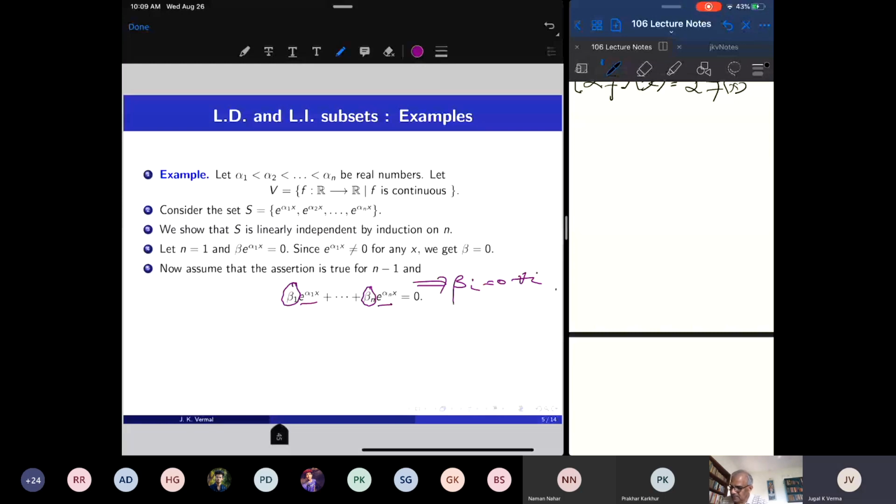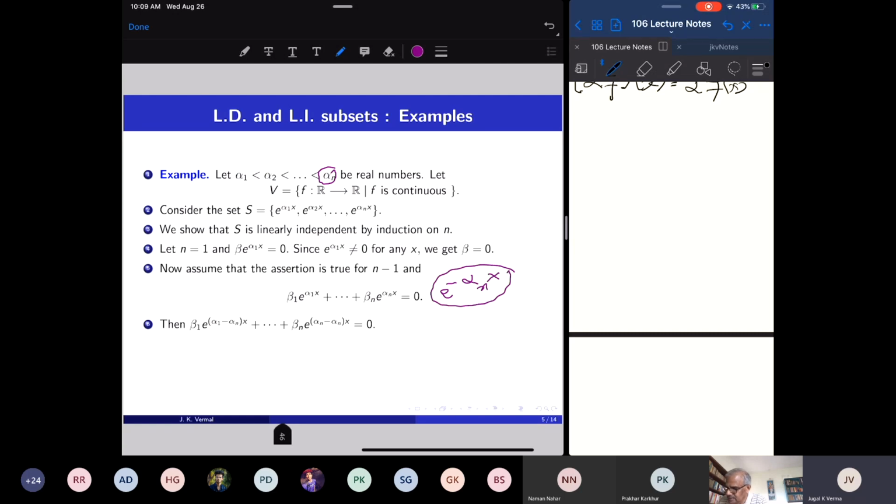But now use this fact that αn is bigger than α1, α2, ..., α(n−1). So I can multiply this equation by e^(−αn x). This is also a function.